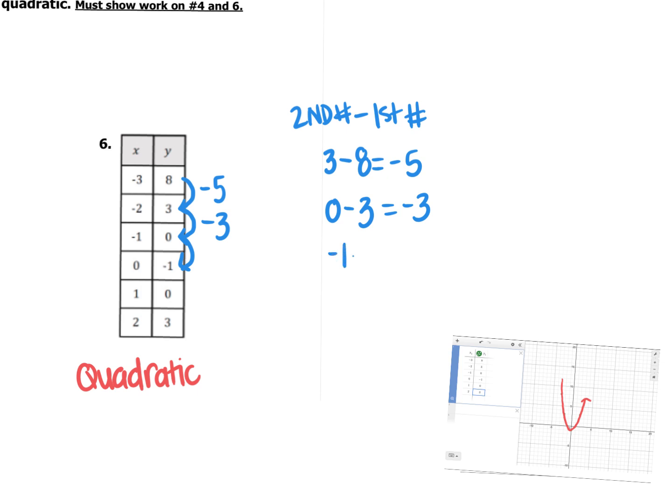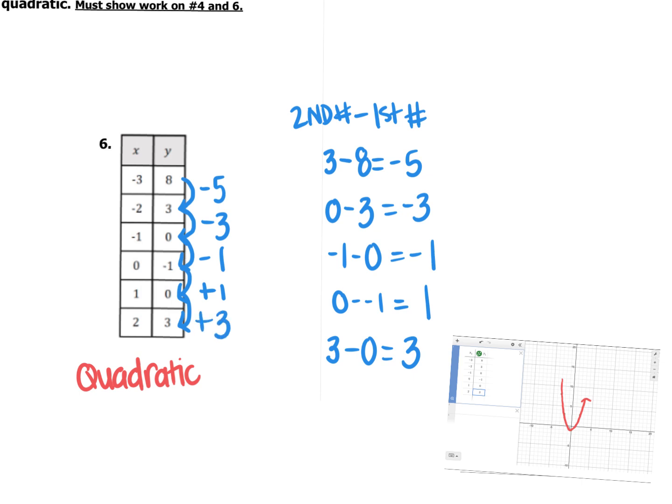Well, negative 1 minus 0 is just negative 1. Well, to get from negative 1 to 0, I'm going to do 0 minus negative 1, which gives me a positive 1. So now I'm adding 1. And then to get from 0 to 3, I'm going to do 3 minus 0, and that gives me 3. So I am adding 3. Well, these numbers are all different, so it can't be linear, which we know.